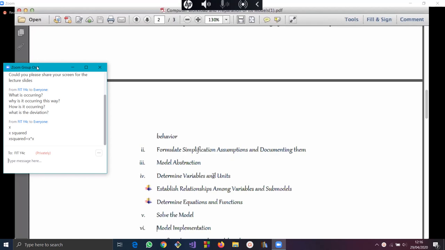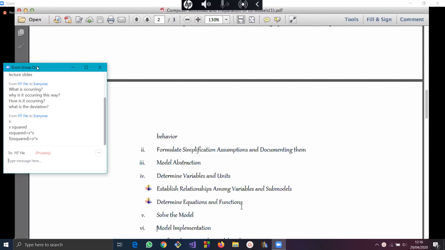I'm trying to write something there. That means, therefore, I can write a function: x squared is x multiplied by x. So with this, I have started doing my modeling.